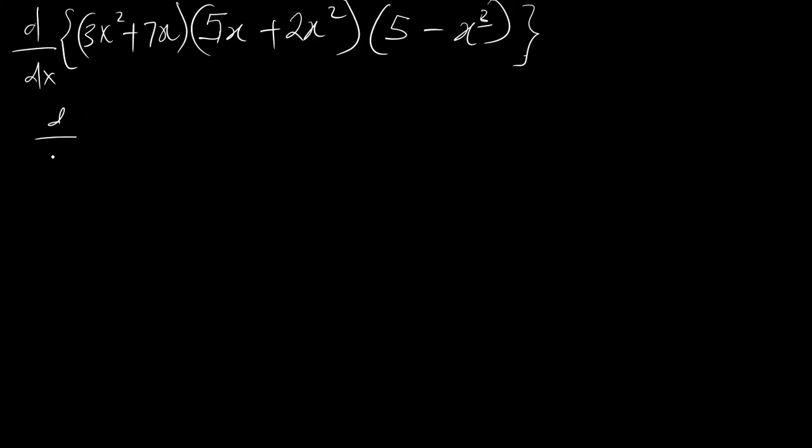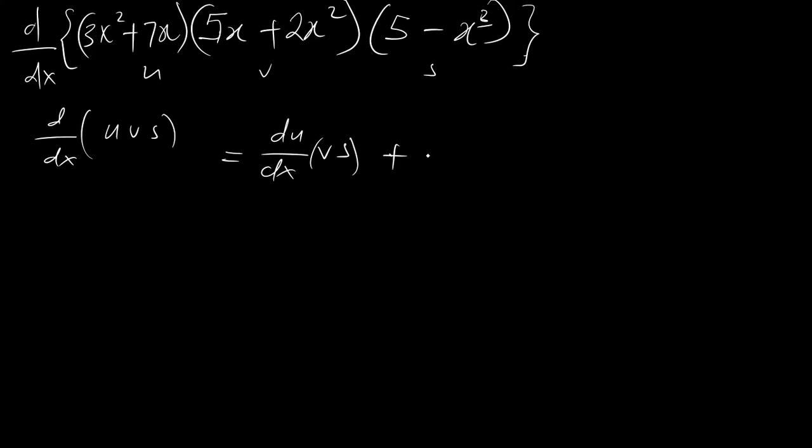If you have a product of three functions, let's say u, v, and w, then the derivative of uvw is the derivative of u with respect to x, leaving v and w, plus the derivative of v, leaving u and w, plus the derivative of w, leaving u and v.